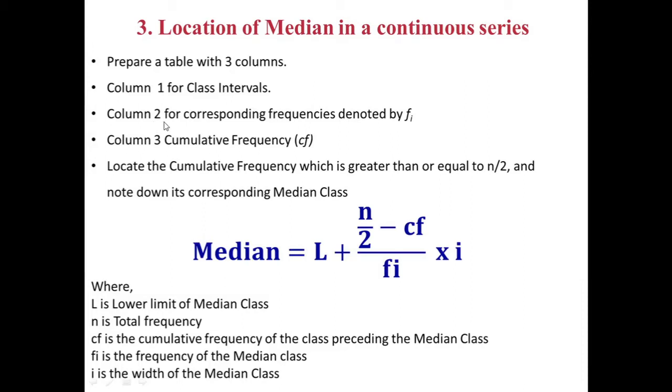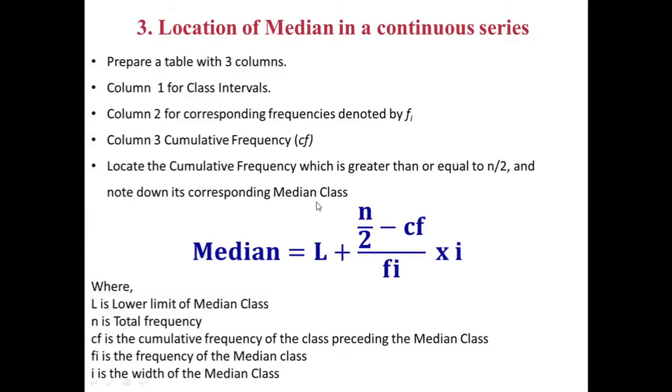In column 2 we write the corresponding frequency denoted by Fi. Then we calculate and write the cumulative frequency in column 3 denoted by Cf, and calculate n/2.